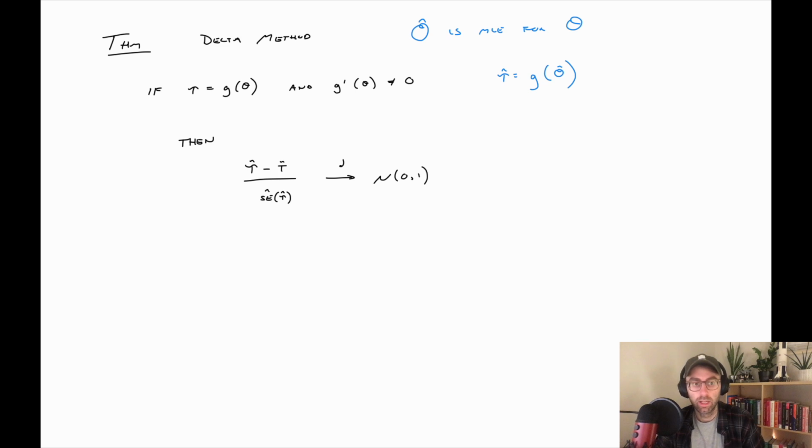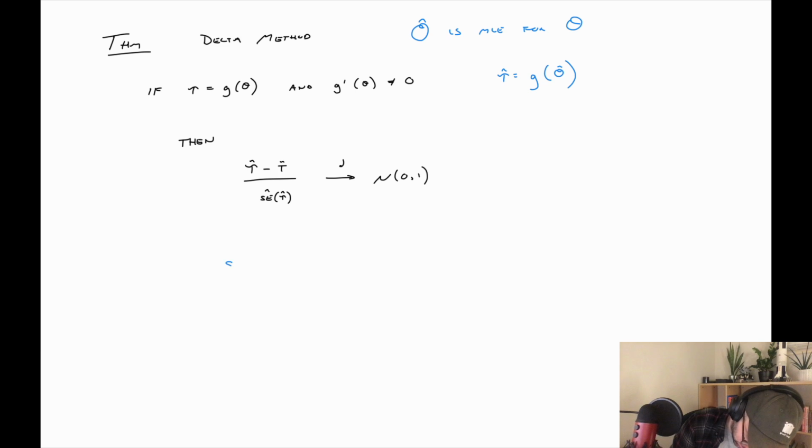Well, it turns out that we can show that the MLE for tau is also asymptotically normal, because it's an MLE via equivariance, and therefore it's asymptotically normal.